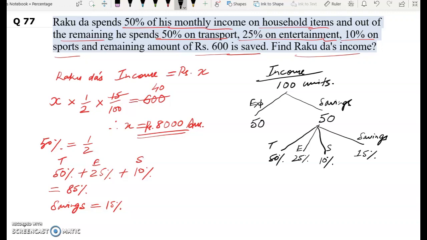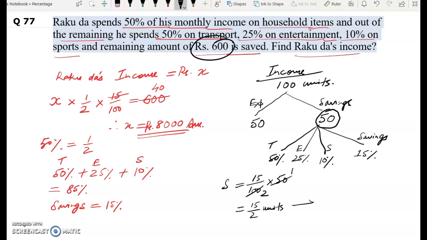So savings is 15%. Now his savings will be 15% of 50 units. 50 into 1, 50 into 2. So his savings is 15 by 2 units. But his actual savings in amount is given as rupees 600.